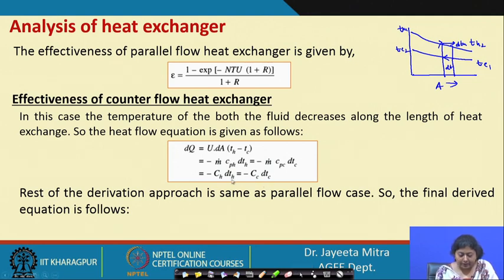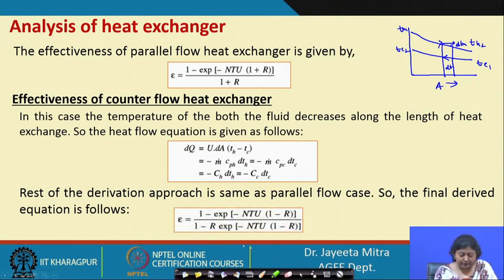Similarly, we will just have dTh minus dTc in terms of dQ, Ch and Cc. Okay. So the expression will come as effectiveness equal to 1 minus e to the power minus NTU into 1 minus R, divided by 1 minus R, that is again capacity ratio C minimum by C max, into exponential minus NTU into 1 minus R.